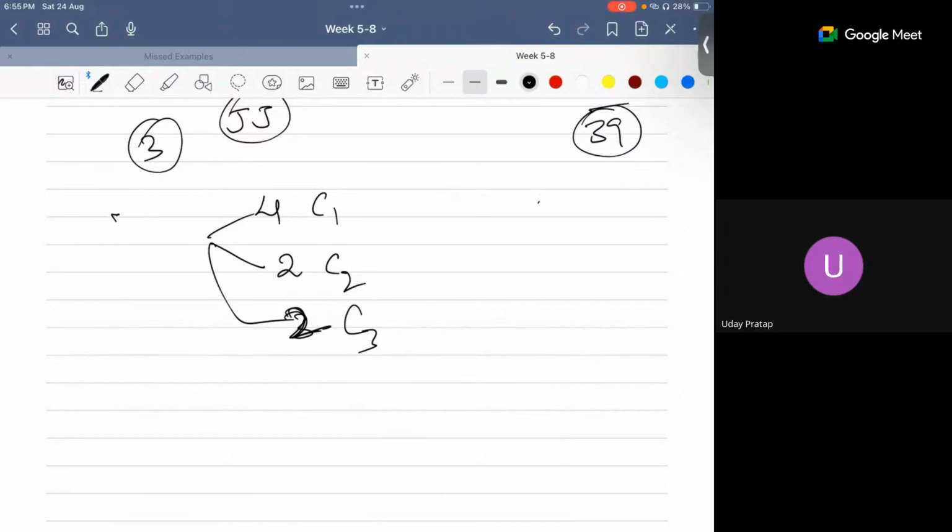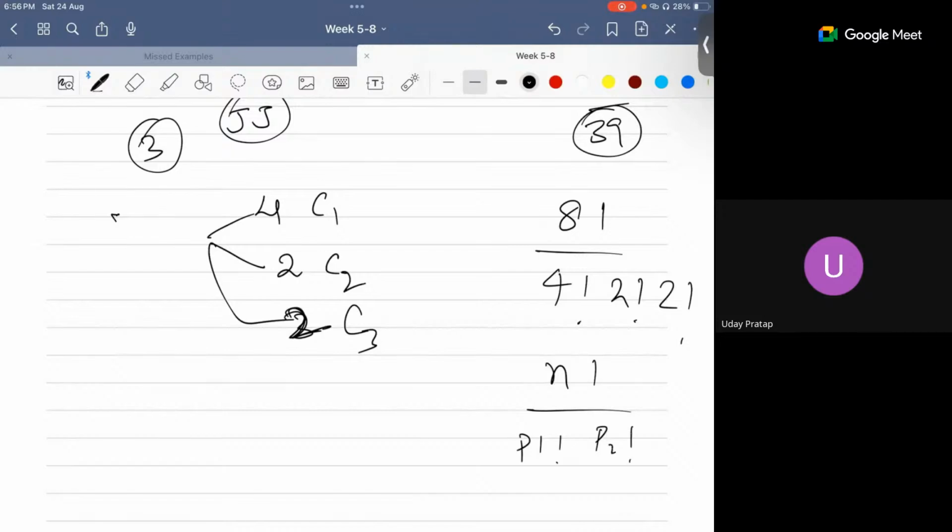So it's 8 factorial upon 4 factorial into 2 factorial into 2 factorial. This is the formula that we have mentioned with P1, P2, and P3 factorial. You can use it directly.